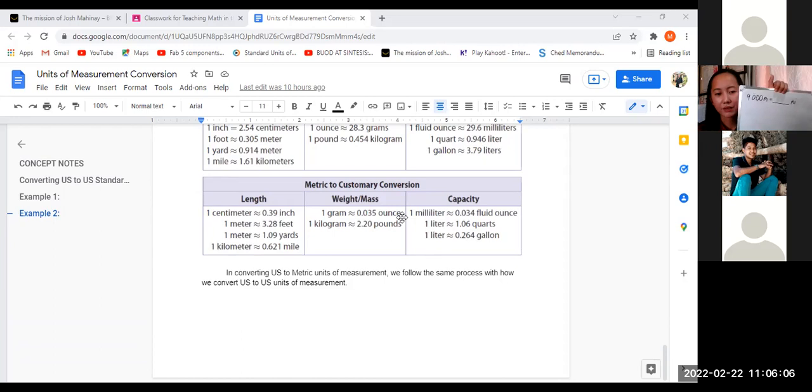Do we have a conversion in the table with meters to miles? Meron ba tayo dyan sa table ng meters to miles? Wala po, ma'am. So, ano kaya ang gagawin natin? Ang meron lang tayo dyan is kilometers to mile.